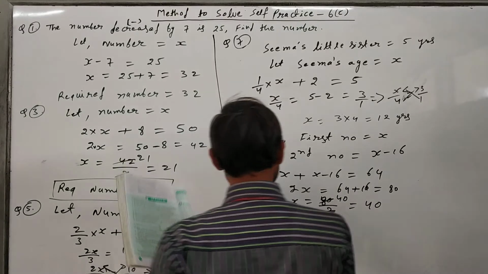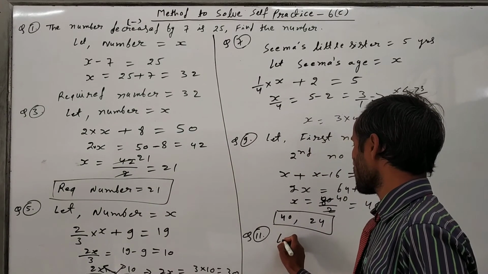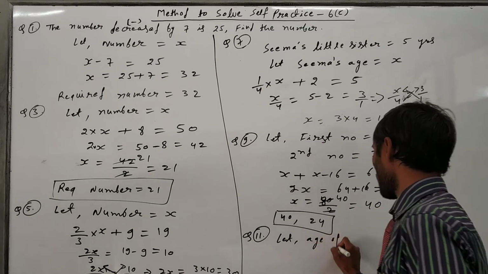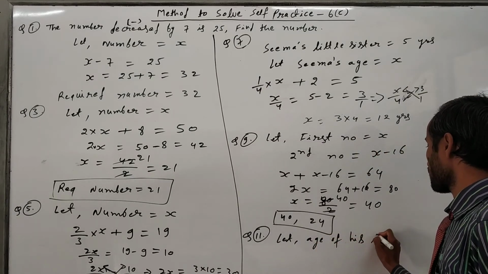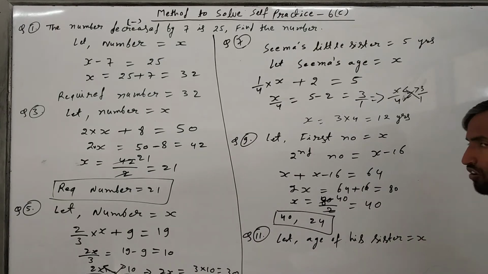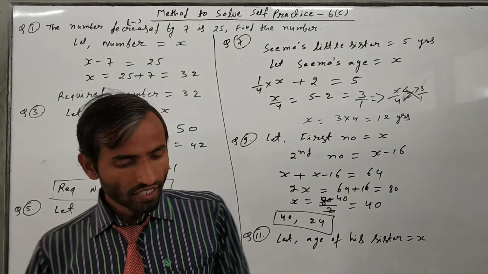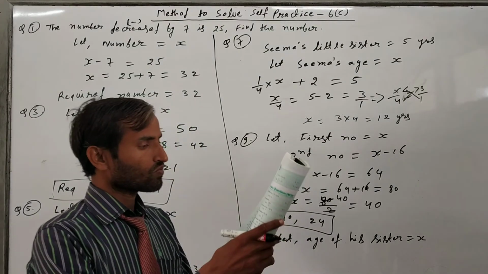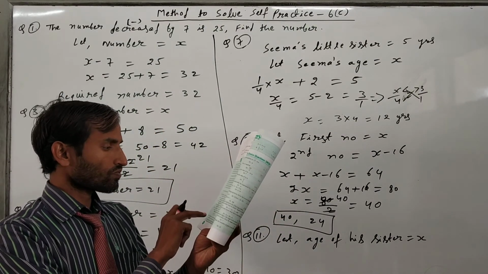First, let the age of his sister be equal to x. Now we have to use the condition. John is 7 years older, so the age of John is equal to x plus 7.